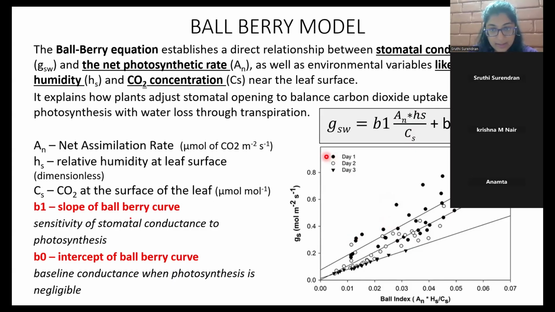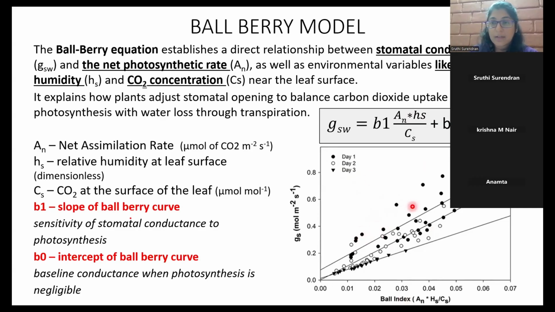You can see here, the black dots in this graph are the measurements done on day 1, the white dots are the measurements done on day 2, and the triangular ones are the measurements done on day 3. Then we'll make a scatter plot out of this with the x-axis as the Ball-Berry index and the y-axis as the stomatal conductance.